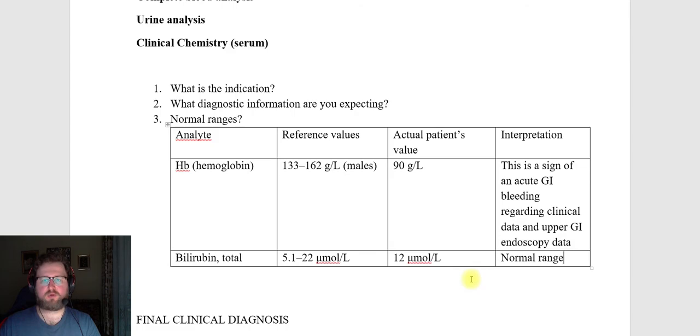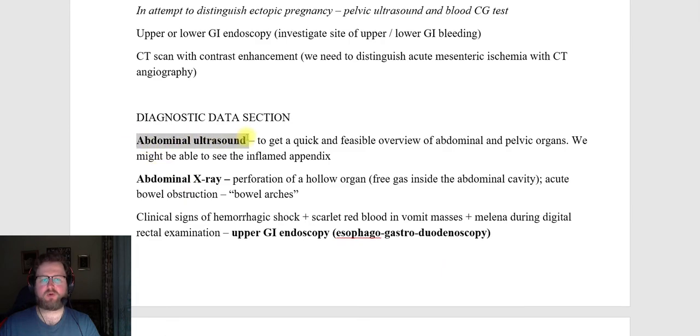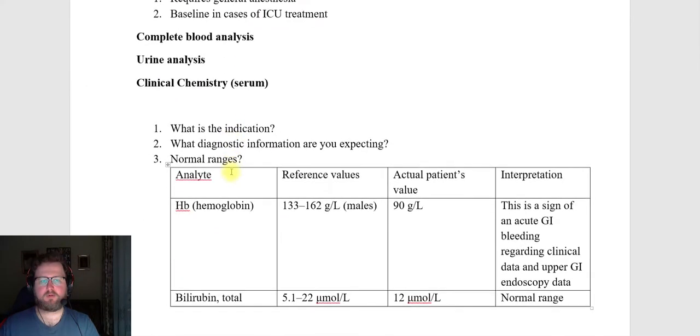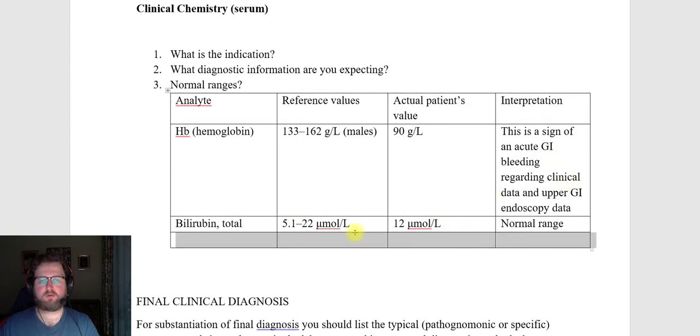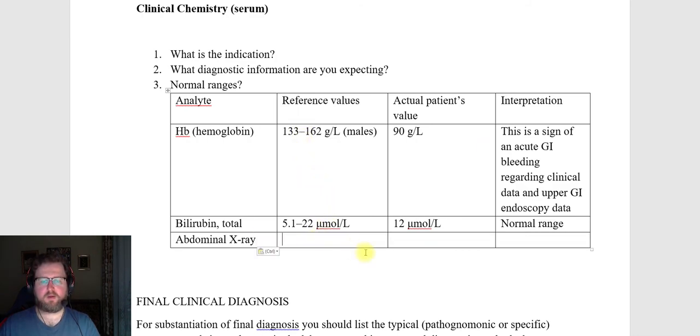And I want you to do the same for these methods. For abdominal ultrasound, let me show you on an example of abdominal X-ray. Here, instead of reference values, you will just have to quickly describe what should be the normal picture of abdominal X-ray.